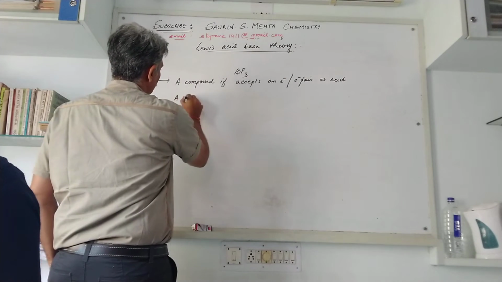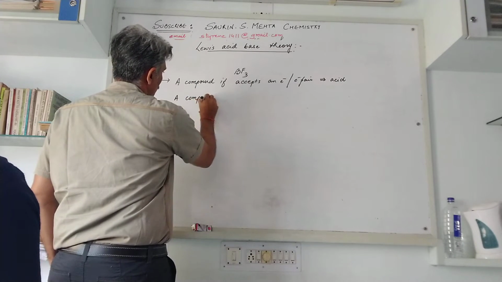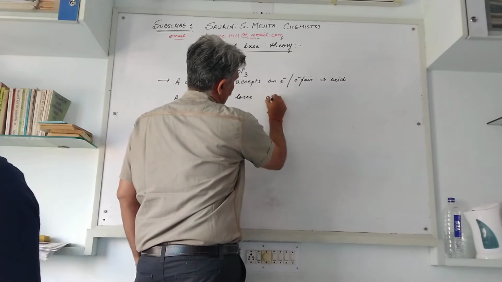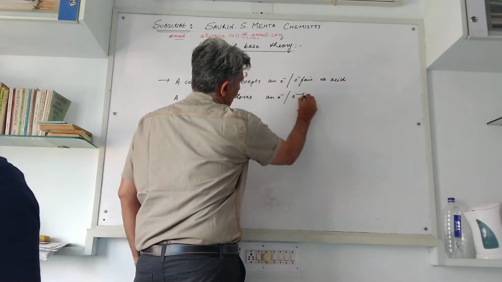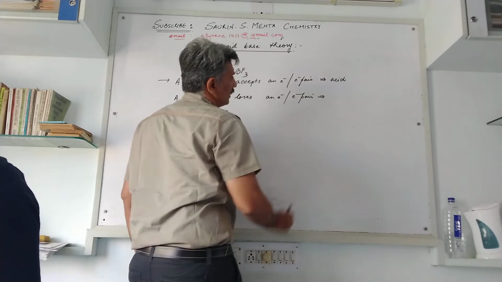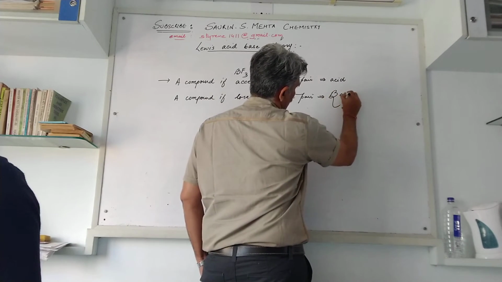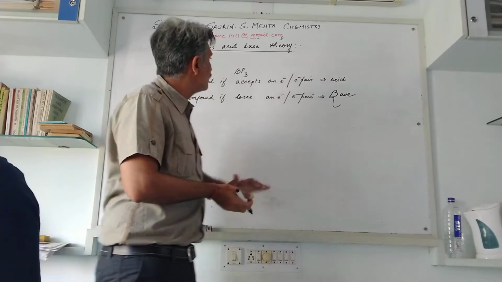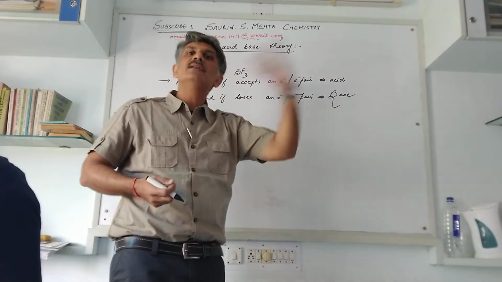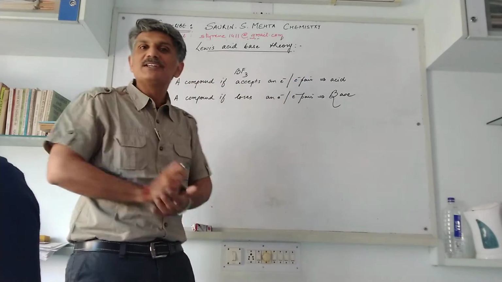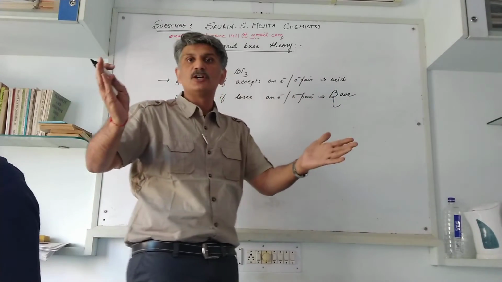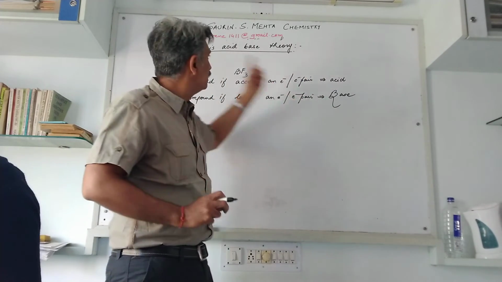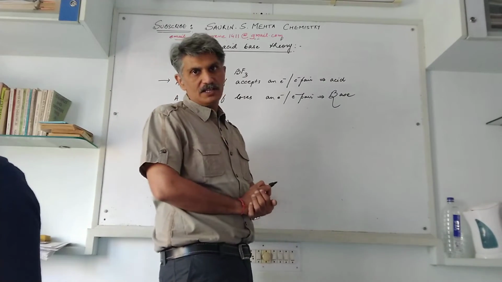And a compound, if it loses an electron or electron pair, then it is a base. So he simplified the theory with respect to the electron gain and electron loss. So there was no limitation left behind, because it was based on electronic structure. That is why I said that it is the superior theory in all the acid-base theory concepts.